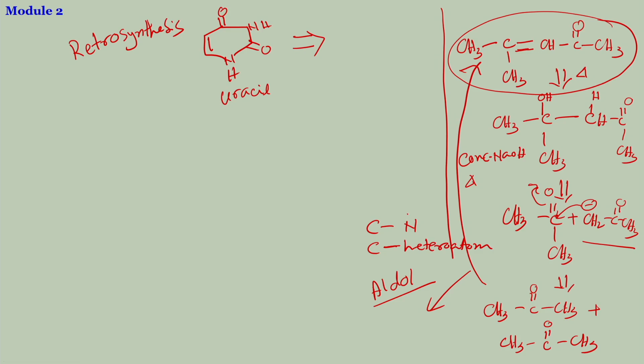The heteroatoms contain lone pairs of electrons, or they can be made electron rich very easily, and your carbon can be made electron deficient, as you are seeing in the carbonyl compounds.